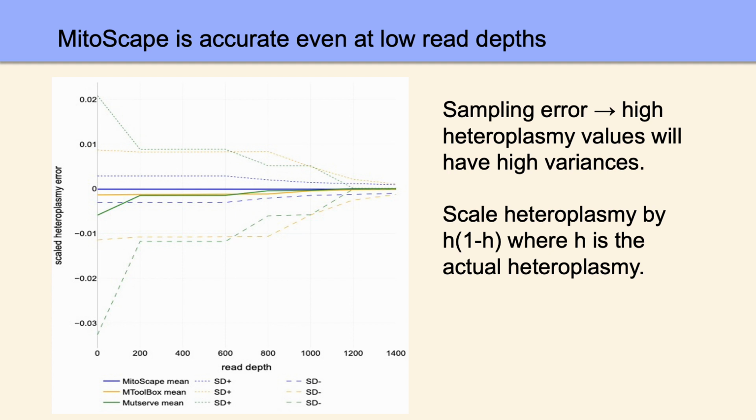So you really needed high read depth for mToolbox to give you accurate heteroplasmy levels. mtServe, on the other hand, didn't do very well at very low read depths, below 200, but it quickly improved as we got past 200 and again past 600. But overall, you can clearly see that MitoScape is predicting much better values for heteroplasmy levels compared to the other two common popular tools.